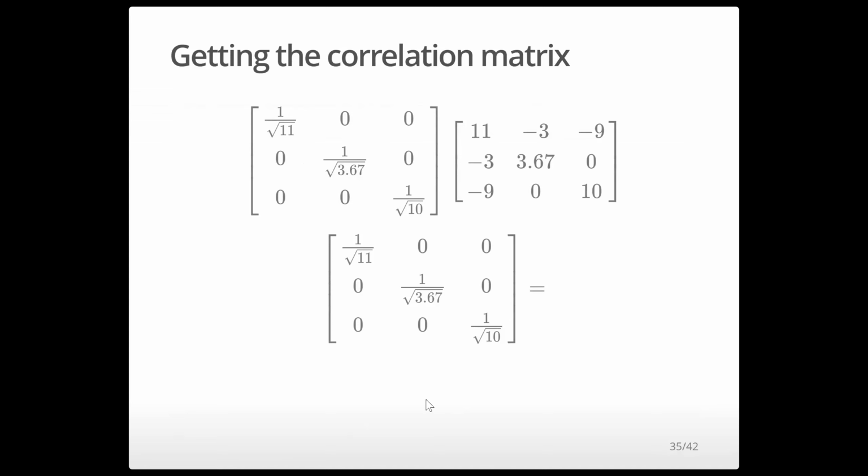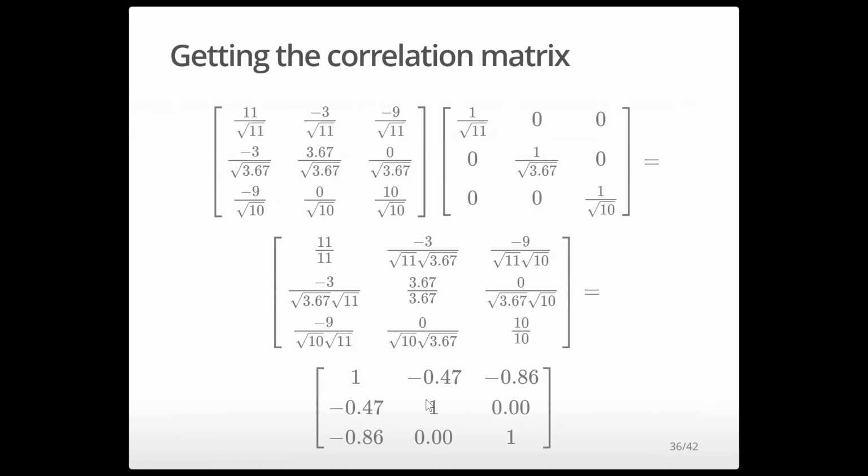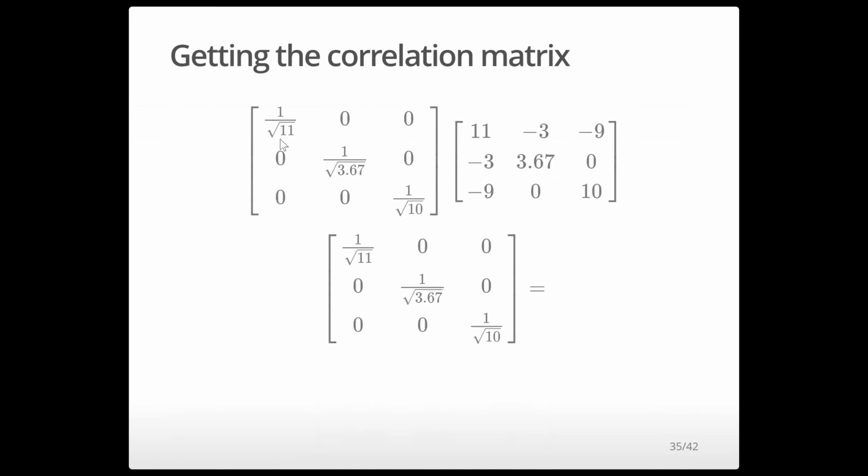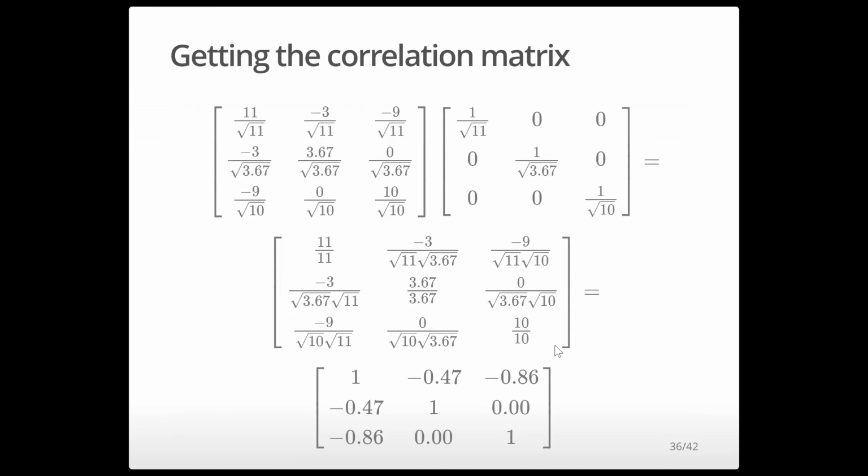And so we can see what happens if we do this. First we multiply these first two matrices. So we're going to wind up multiplying 1 over root 11 times 11, 0 times negative 3, 0, 0 times negative 9, 0. So we can see where this is going to go.